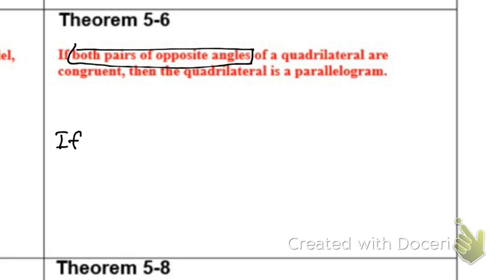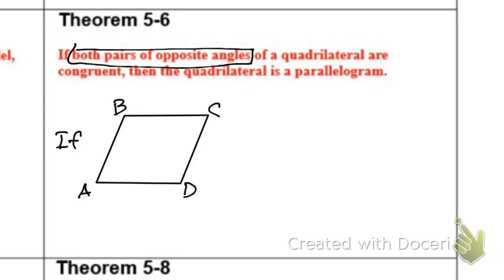So if you have a quadrilateral, we'll call it ABCD again. I give you a quadrilateral. If you can show me that angle A and C are congruent, and you can show me that B is congruent to D, then you have a parallelogram.